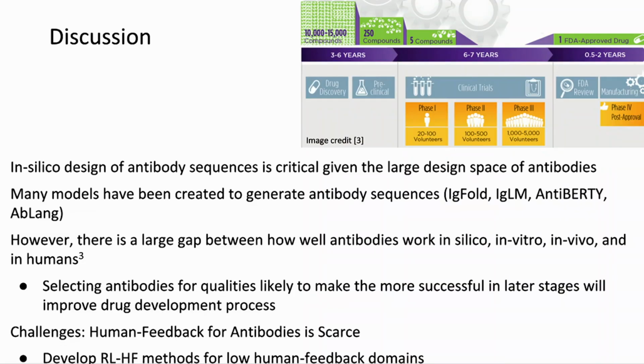But all of them cannot solve the problem of the gap between how well antibodies work in silico, in vitro, in vivo, and in real human bodies. Selecting antibodies for qualities likely to make them more successful in later stages improves the development process, saving both time and effort.